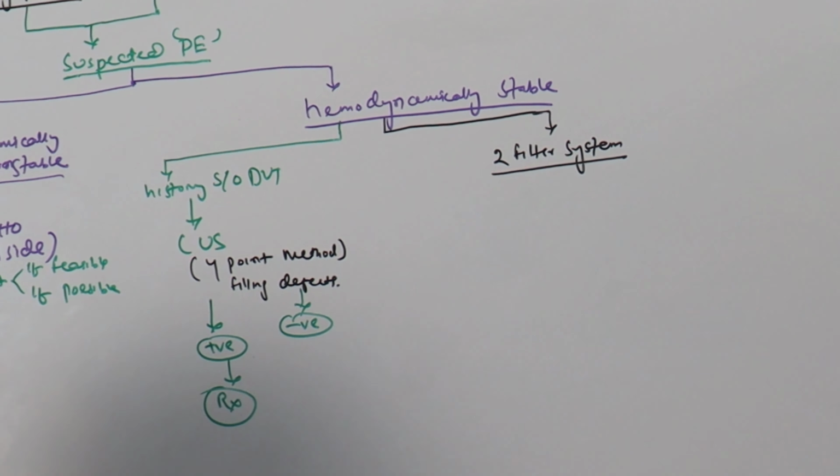And about D-dimer, D-dimer has high negative predictive value. And its normal value is 10 microgram times age per liter for age more than 50.